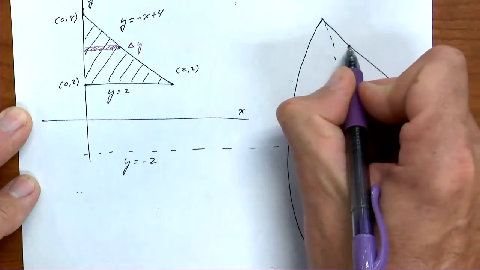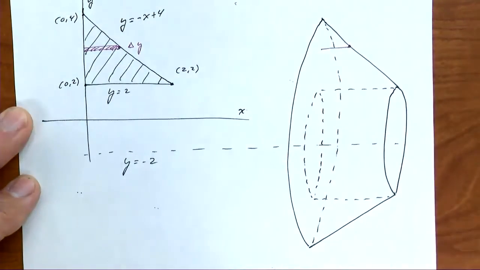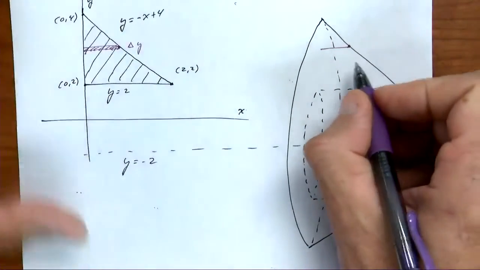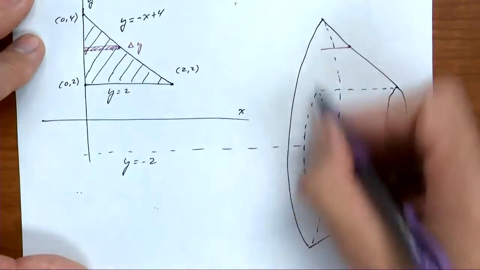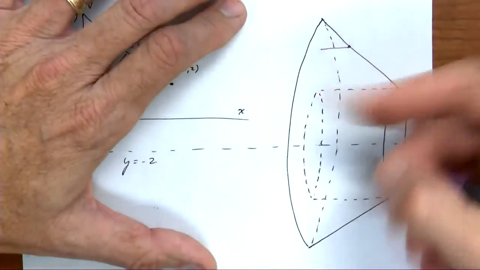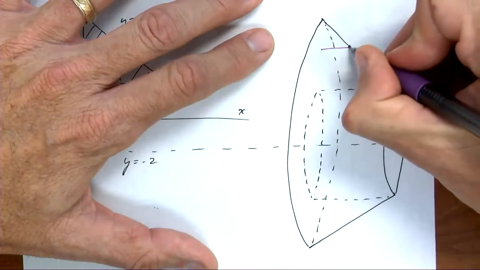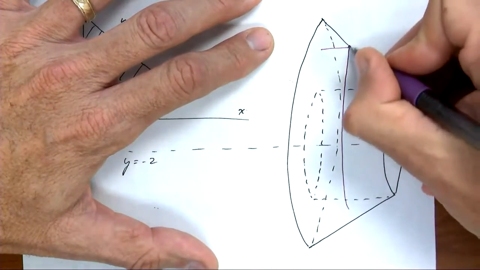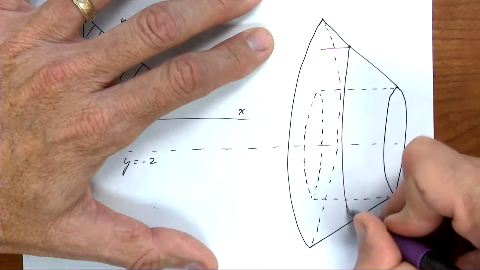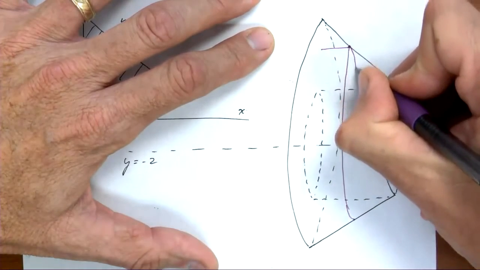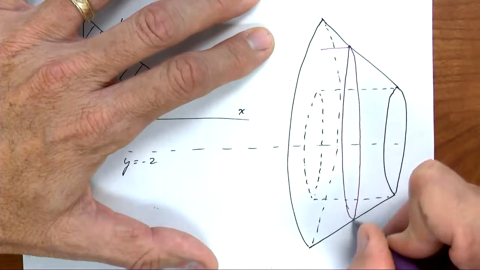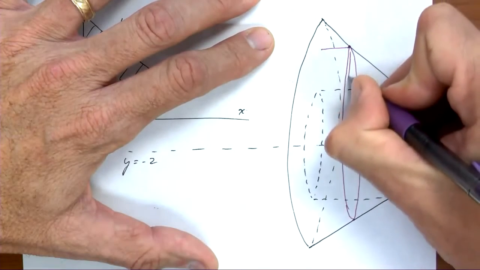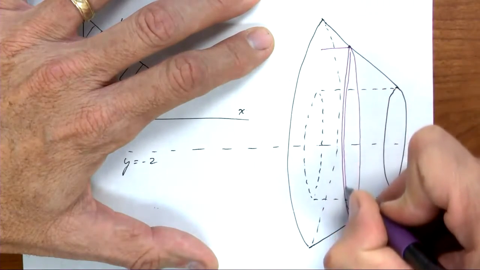And when I bring that down, it's going to hit the bottom of this thing, so to speak, looking in that direction. And then I'm going to have something that's going to look kind of like this. I have another corresponding point down here. And we're going to have this thin cylindrical shell.